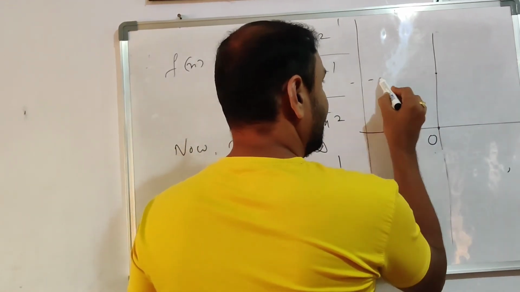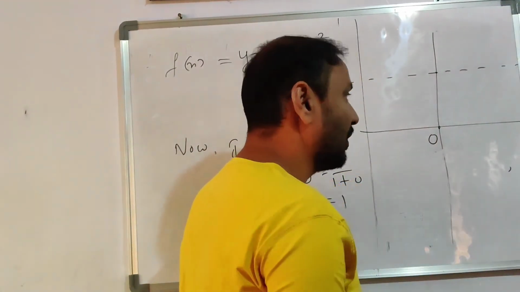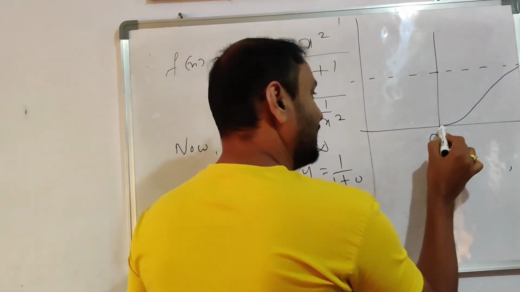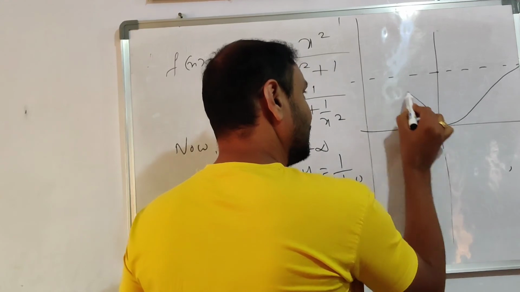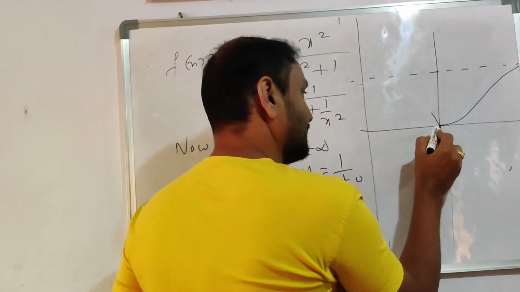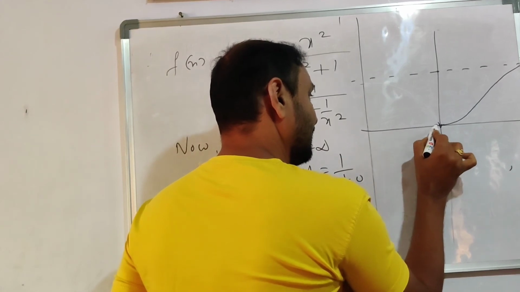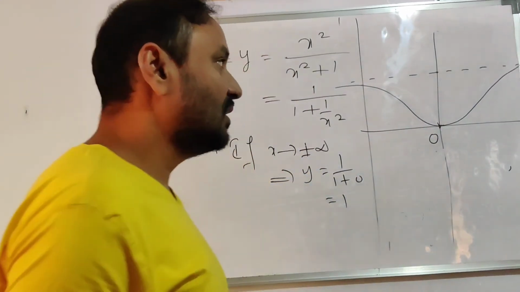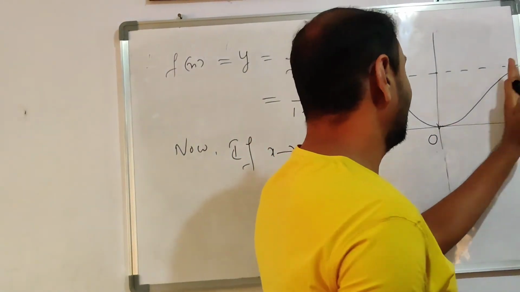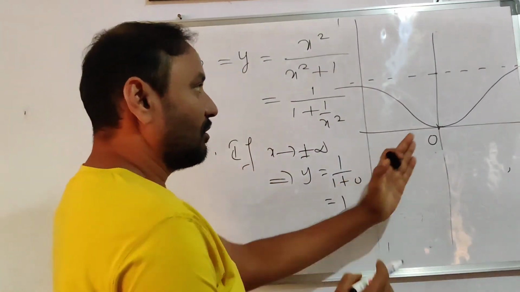So you take like this. This is the border line. Because the graph from here is reaching 1. From here also the graph is reaching 1. This is the curve, you know. So to the right side from the 0, the graph is reaching to 1. To the left side from the 0, the graph is reaching to 1.